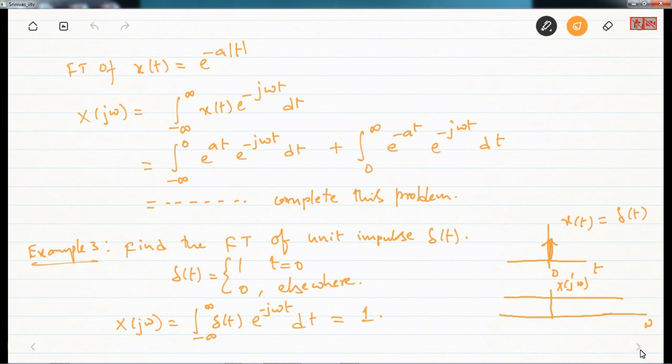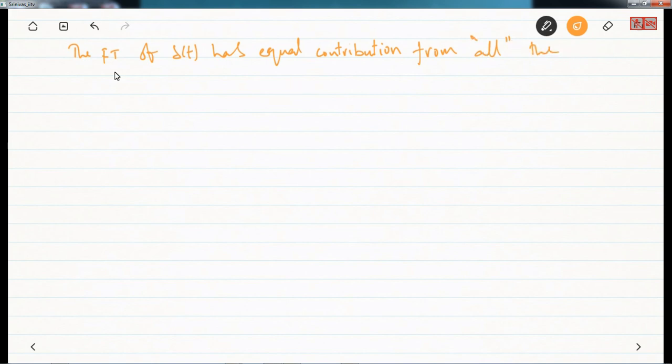So what we can write about this is the Fourier transform of delta of t has equal contribution from all the frequencies.